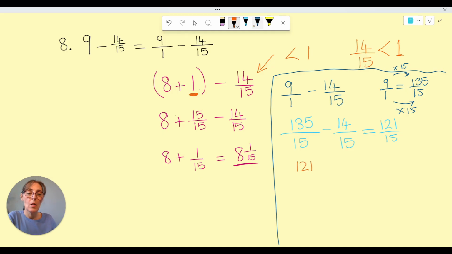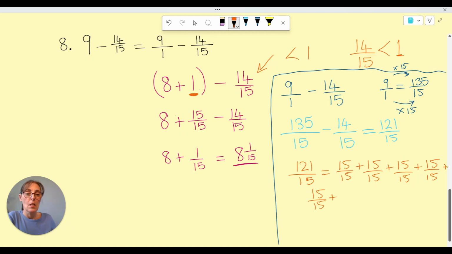121/15 is equal to 15/15, that's another 15, so that's 30/15, 45/15, 60/15, 75/15, 90/15, 105/15, 120/15 plus 1/15.